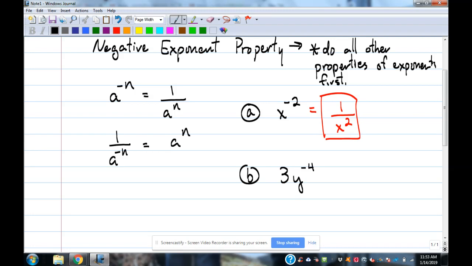So that means the 3 to the first power is going to stay up top. You're going to have 3, and then we're going to move the y to the 4th. We're going to move it to the bottom to change it to a positive exponent. The 3 stayed up top because it already had a positive exponent. It had that 1 that was there. The y moves down to change to a positive. Okay.